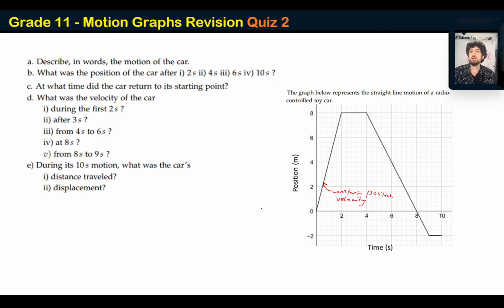Because it is increasing, it's positive, and it's constant. The gradient is the same. It's not changing. The slope is the same. And it's velocity, because we know that in a position time graph or a displacement time graph, the gradient represents velocity.